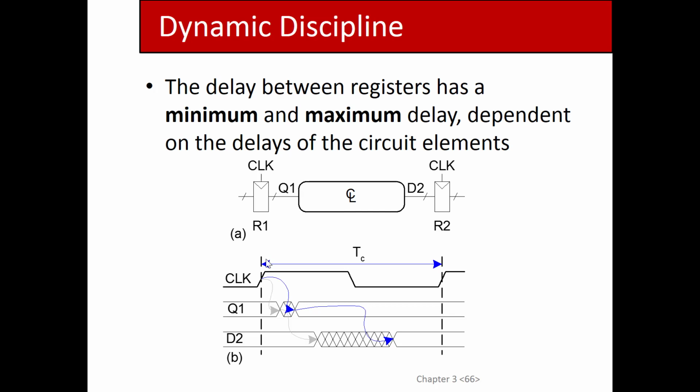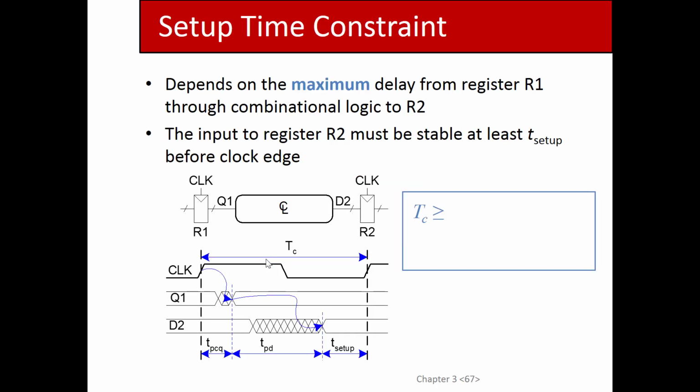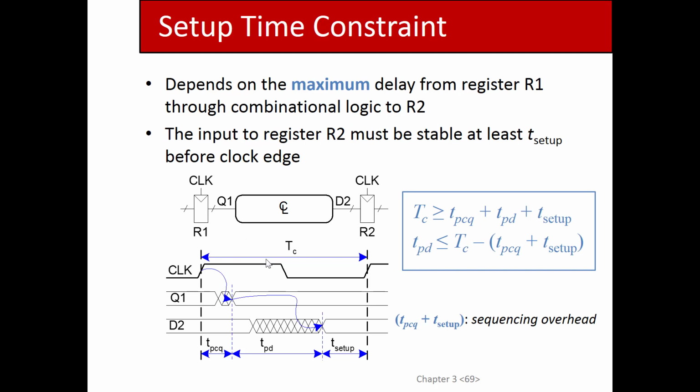Okay, so that's shown here. If you look at TC, TC must be greater than or equal to... Now, for a lot of data paths, the TC is plenty big enough, right?